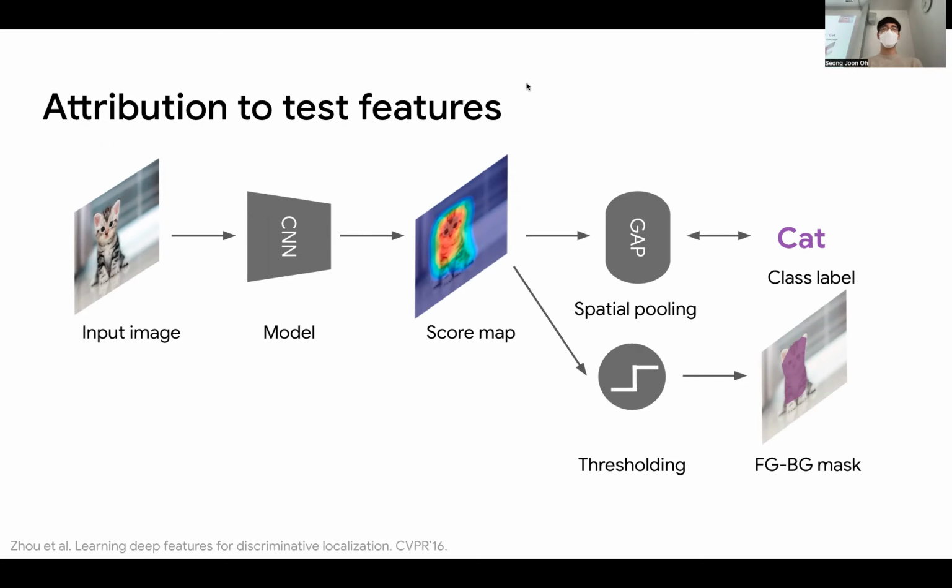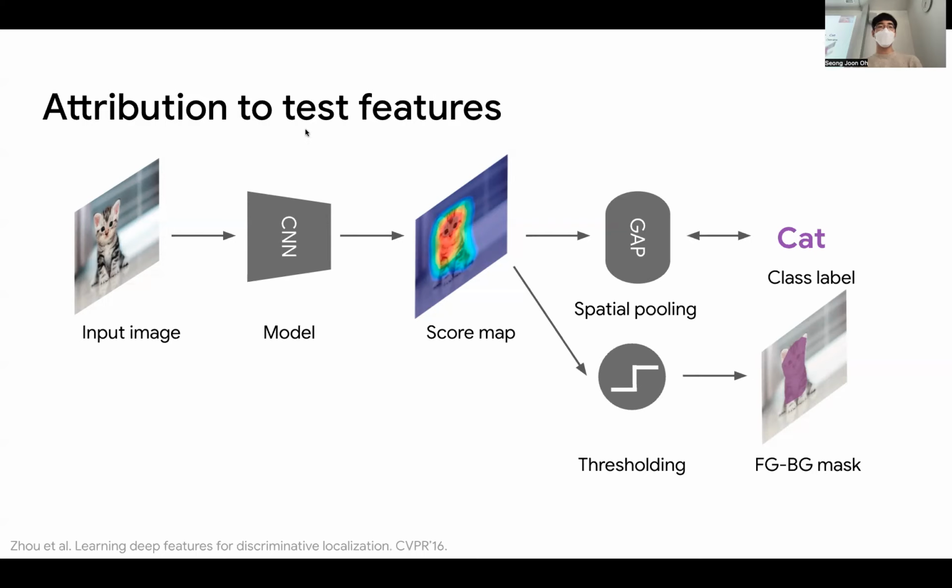So in this lecture, last lecture, we talked about what we really need from the explainability of machine learning. But today, we're going to talk about actual methods for extracting explanations from neural networks. It's called attribution.